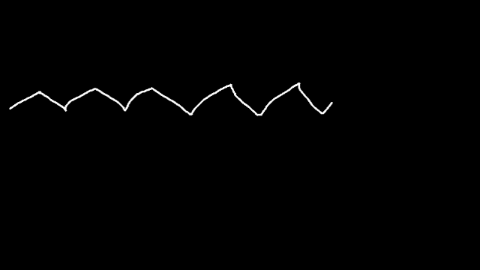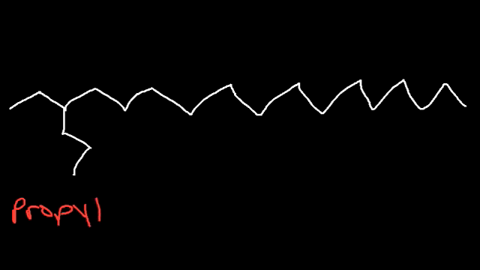So now, let's talk about the different types of substituents that you need to be familiar with. So let's say if we have a very long carbon chain. Now, this is a propyl group, and this is an isopropyl group when it splits off into 2 directions like that.